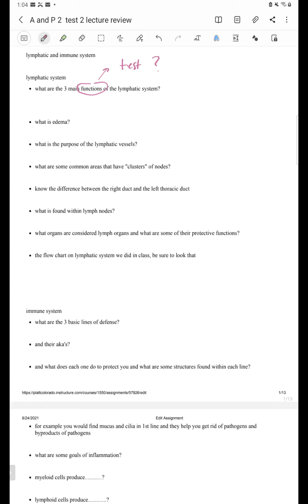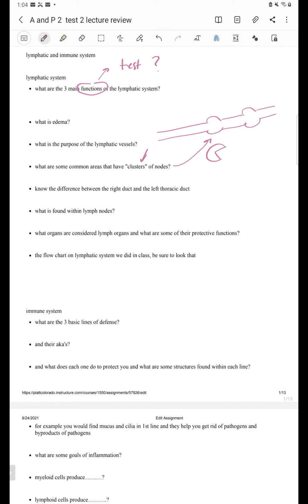Plus inside of the vessels, you're going to have these clusters of nodes. So you have a tube, and at some point you'll get a node, and then tube, and then all these nodes along the way. Inside of the nodes, you have a bunch of Pac-Mans, lymphocytes and all that, and they are going to help you destroy antigens.